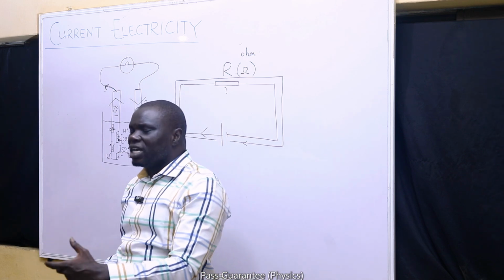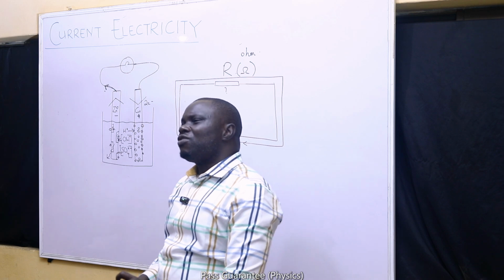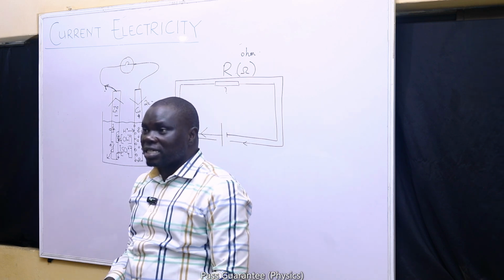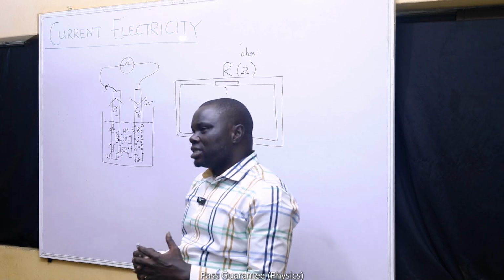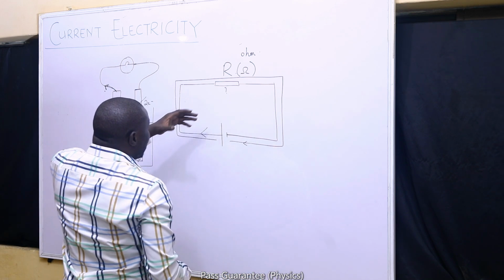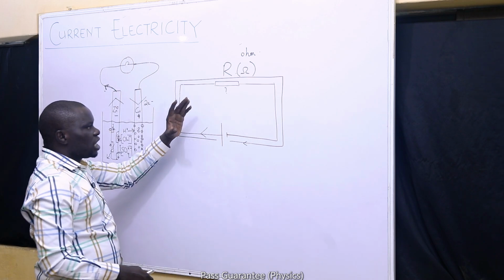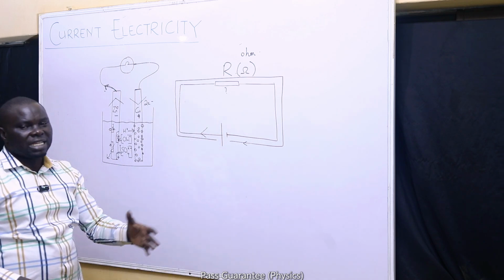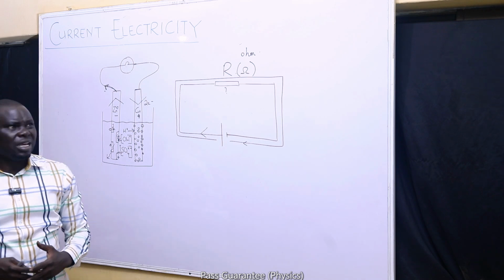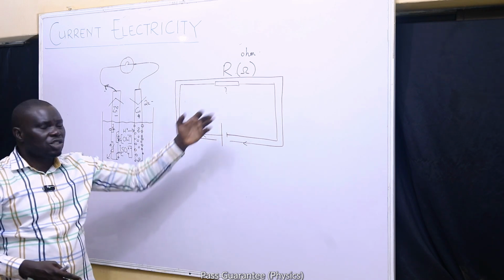But no matter how good they are as a conductor, they will still offer a certain amount of resistance, only that the resistance can be as low as bearable. We have some other conductors that are not that good, whose resistance is a little bit higher, but generally conductors are known to be materials of low resistance, and that is why we generally use them to make electrical components.